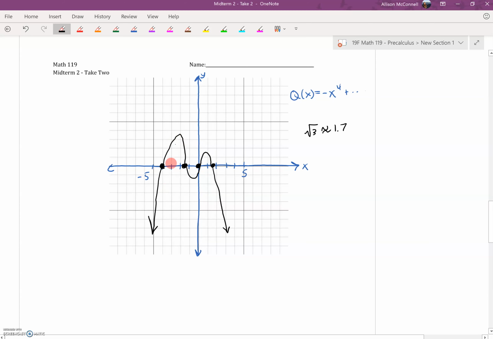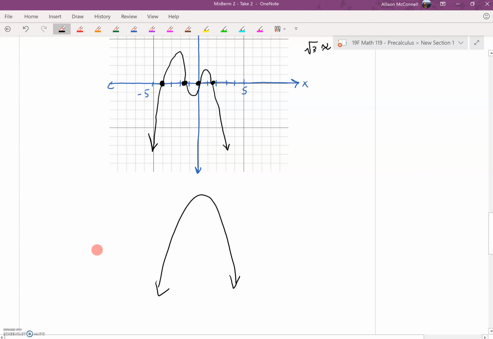Notice how I didn't have to use anything with the calculator until this point. And so this is probably the most disappointing part for Mr. Huff and I, because students would have imaginary roots, but then their graphs would look like this. If you had imaginary roots, your graph better have looked more like this, where it was only crossing the x-axis once.